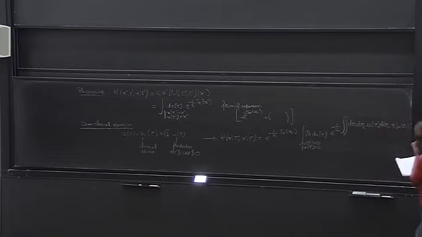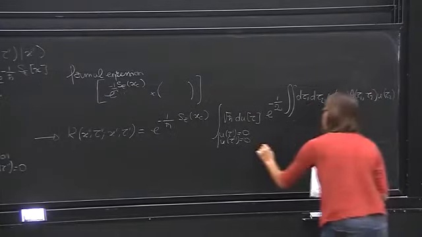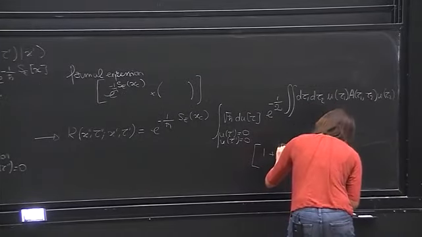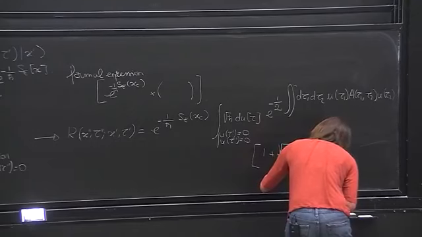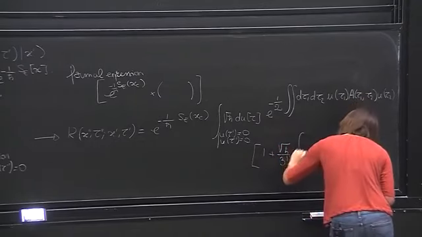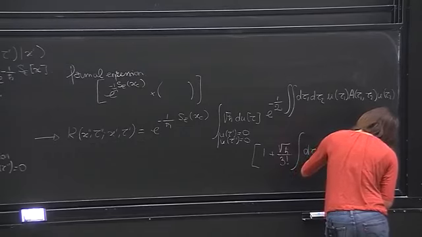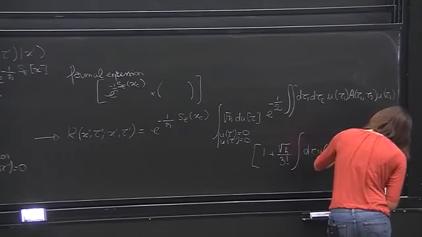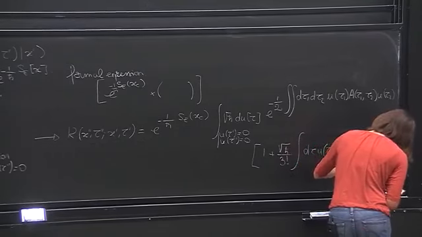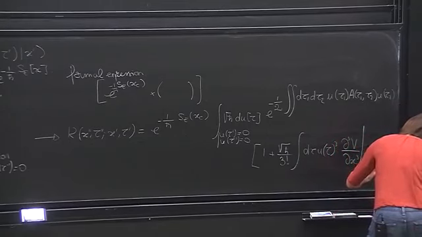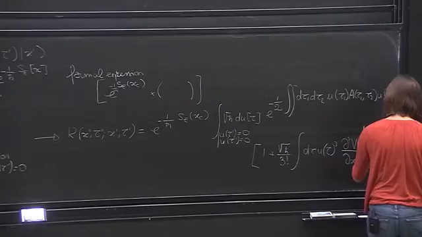Okay, and then the first correction is going to be when this is evaluated at x equal to x.